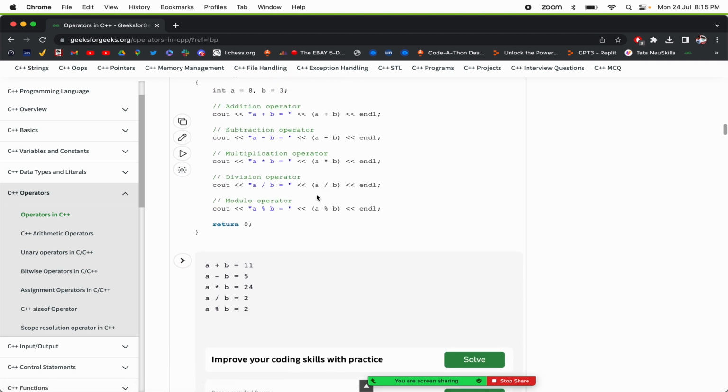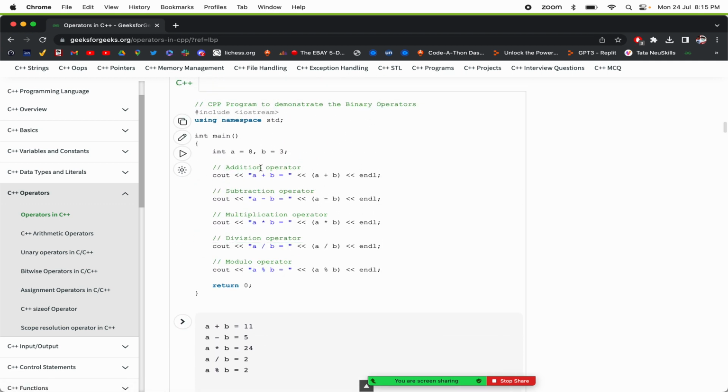So over here we are getting 2, though it should have given us a decimal value, as 8 divided by 3 is 2.6 something. But it is giving us 2 as this will only return the integer value. It won't give us the decimal value, and it will take the rest as remainder.